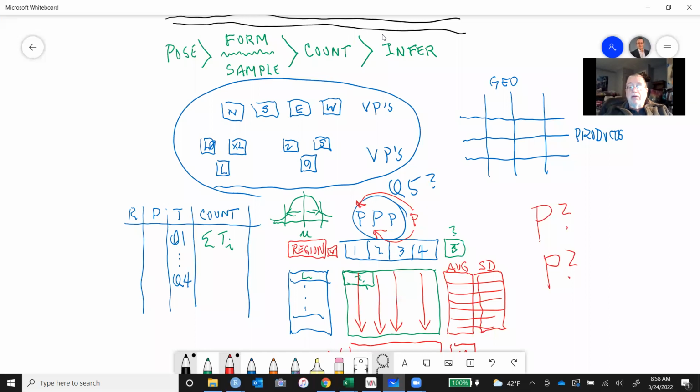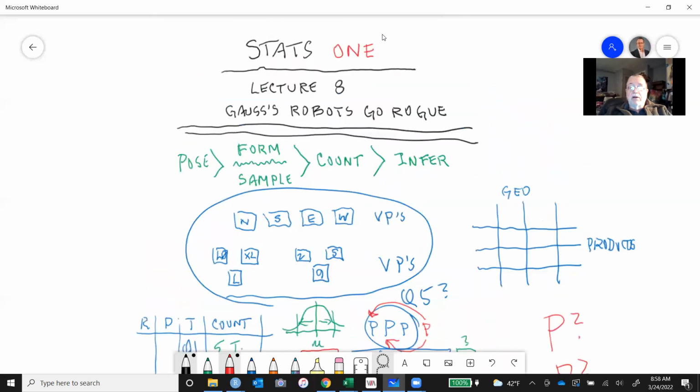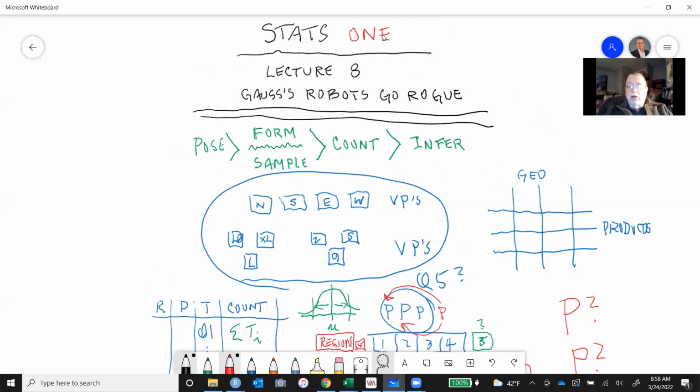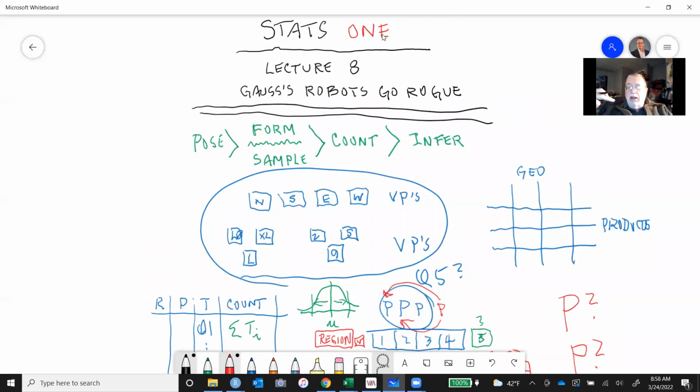So this is the beginning of lecture 8. We're going to take these drawings, which we have gotten the team together on, and everybody pretty much agrees that this is the way to go. Everybody has agreed that these are the right ways to shape the data.